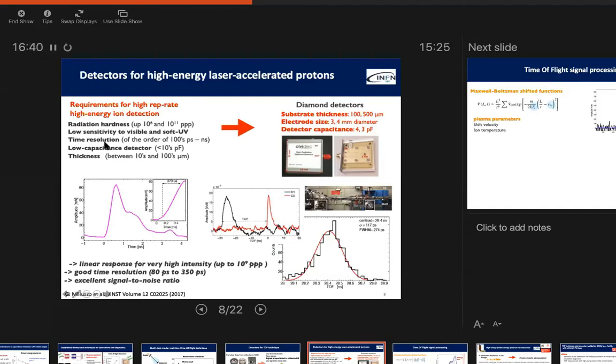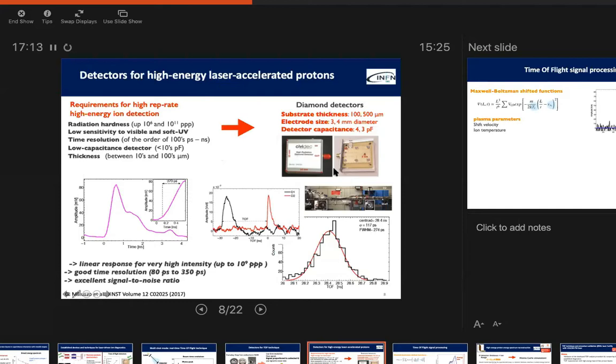You need a high time resolution, of the order of 100 picoseconds, and a low capacitance to have very small noise. That's why in the end we selected diamond detectors. We had two kinds of detectors, with 100 and 500 micron thickness, and a small capacitance of 4 picofarad.